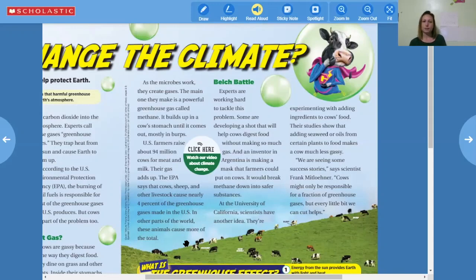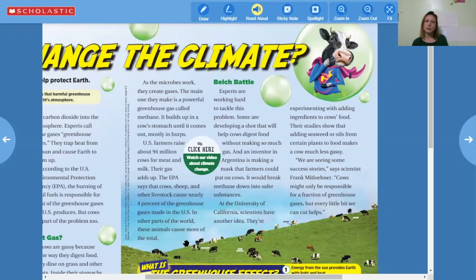Belch battle. Experts are working hard to tackle this problem. Some are developing a shot that will help cows digest food without making so much gas. And an inventor in Argentina is making a mask that farmers could put on cows. It would break methane down into safer substances. At the University of California, scientists have another idea.